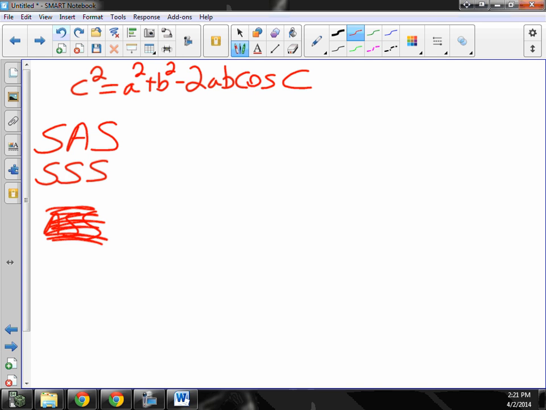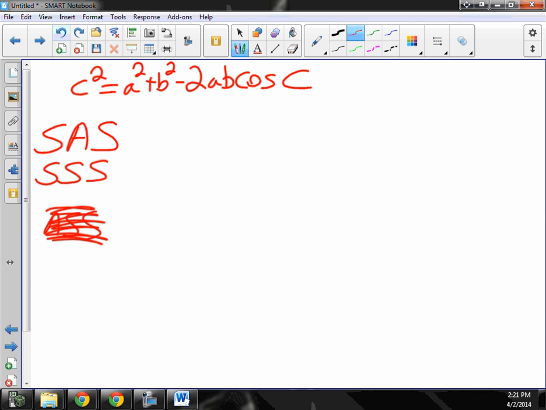It's easier to use the law of sines. Are there times when you have to use the law of cosines? Side, side, side. The only way to solve the angles of a side, side, side triangle is to use the law of cosines. Side angle side, you kind of have your pick whether you want to use the law of cosines or the law of sines.